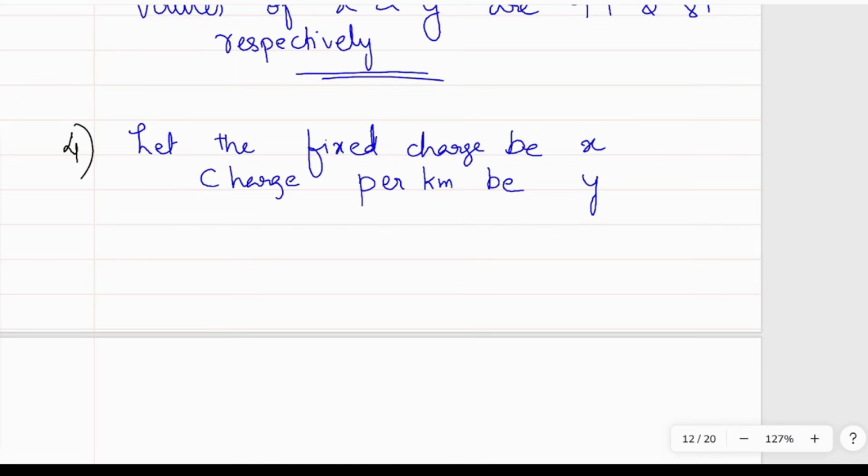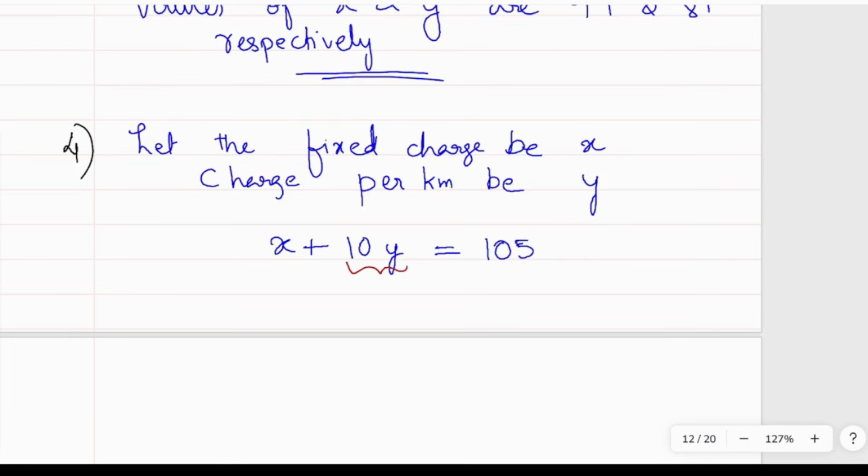Therefore, as per the first condition, what is it telling? It is telling that for a distance of 10 kilometers, the charge paid is rupees 105. That means x plus 10y equal to 105. Why did I take 10y here?